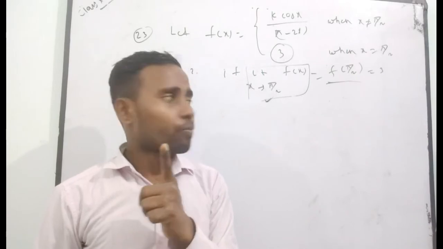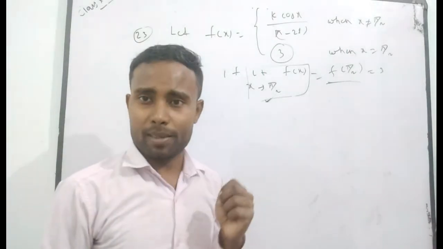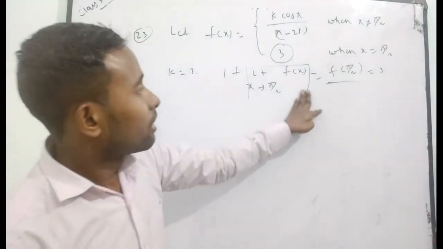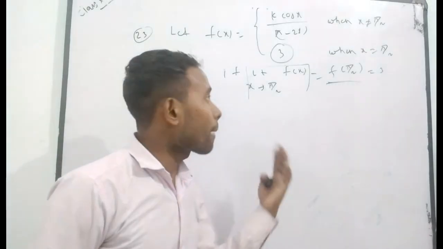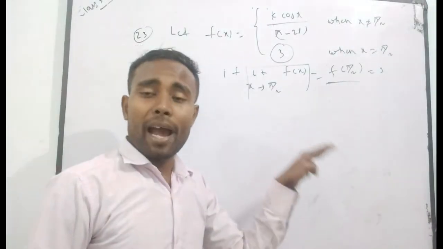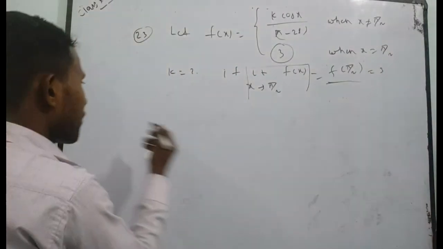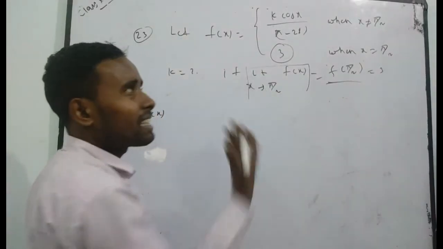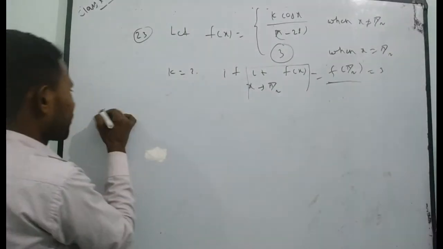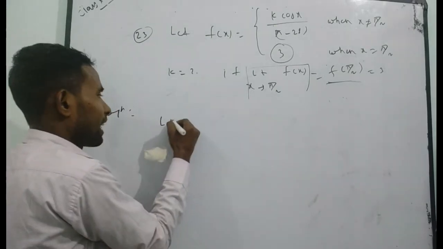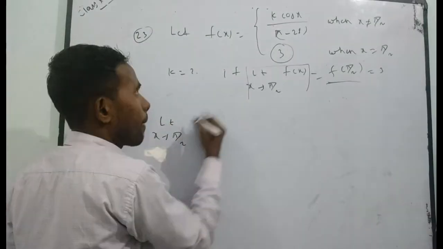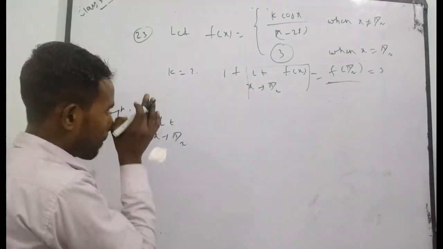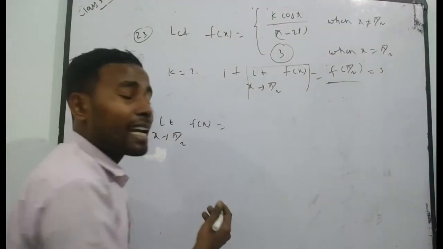So you need to consider both ways, such that you can recognize what will happen if you proceed by LHL or RHL simultaneously. Firstly, RHL of f(x). Because the limit exists, you can also go by the direct method. Suppose I want to go by the direct method. Limit x tends to pi by 2 of f(x) may exist in two ways.